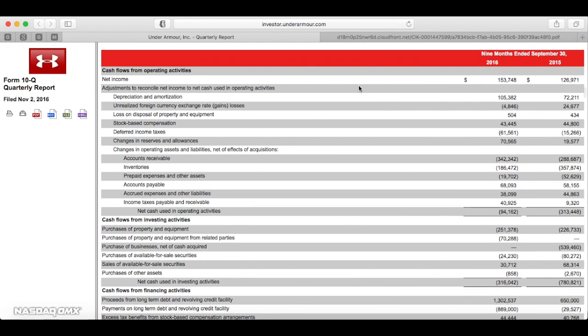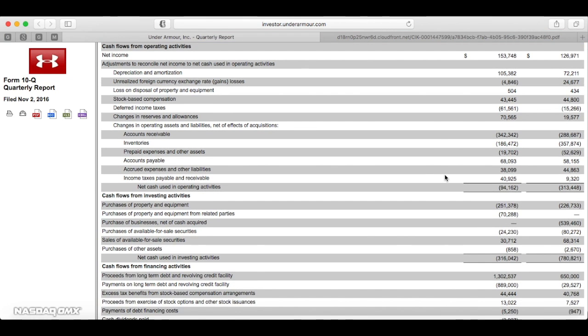Now there's all this stuff that they're going to be either benefiting from. It looks like they gain something from currency exchange rates, and then there's some depreciation, income tax, stock-based compensation, inventories, accounts receivable, all this stuff.